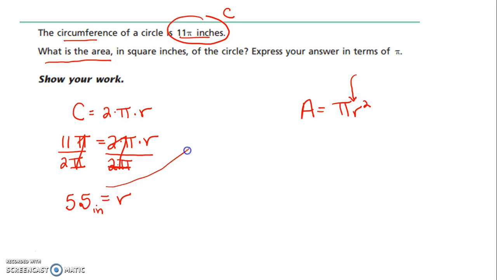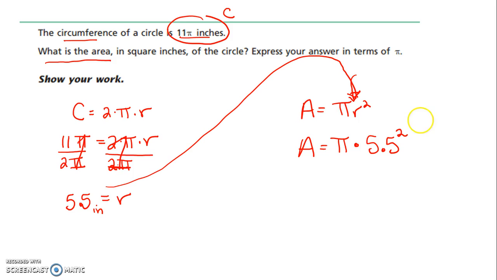Now I'm going to use that radius to find the area. So area equals pi times our radius squared. I just found my radius to be 5.5. I'll have to square that. 5.5 times 5.5. Our area would be pi times 30.25.